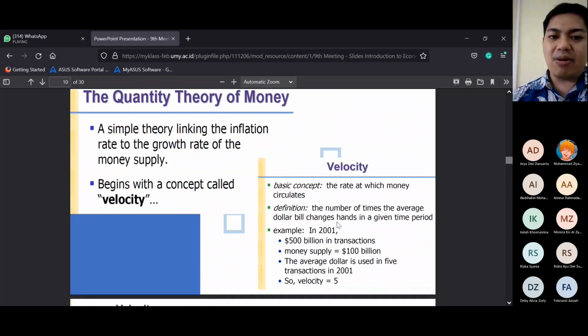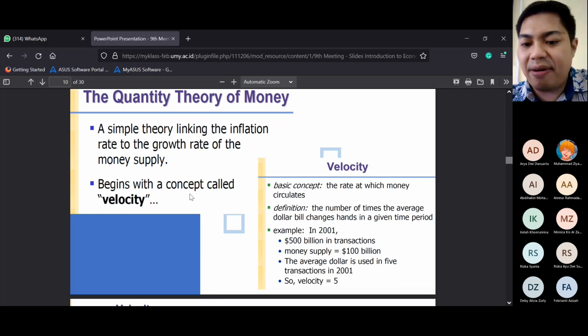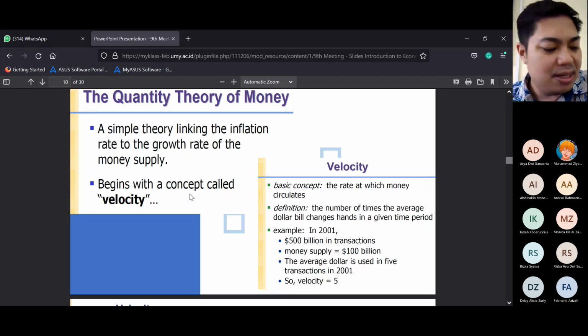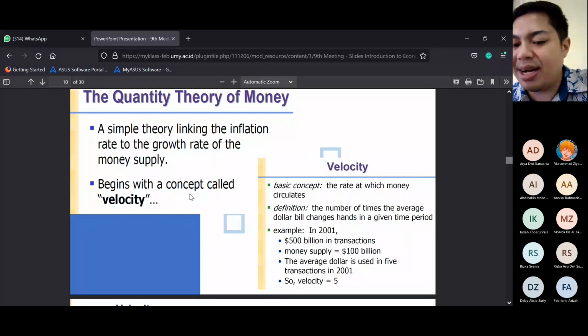Here is the theory of money. Countries have different amounts of money. Indonesia, for example, has 100,000 rupiah, but in Singapore the highest note is only 100. Why the difference?